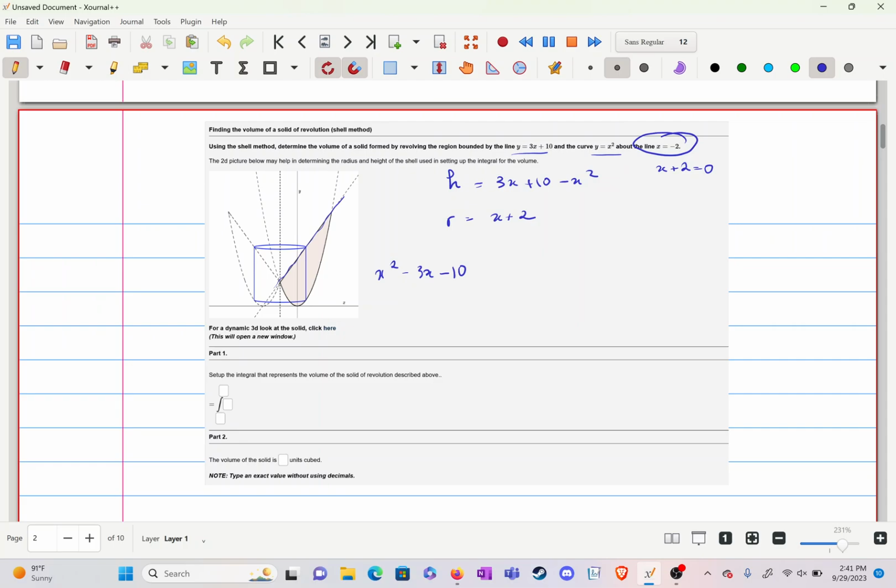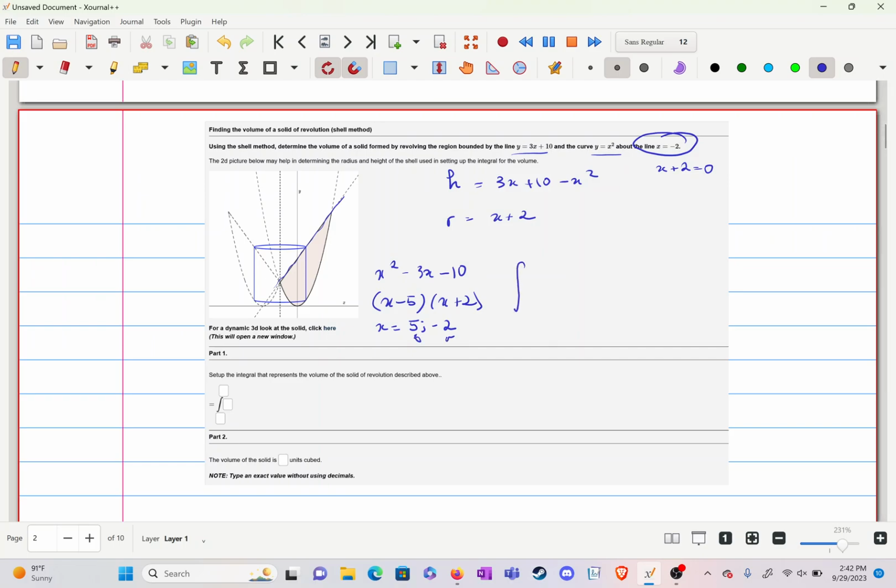There we go. Negative 5 plus positive 2 is negative 3, but negative 5 times 2 is negative 10. So that's what would be our answers. But that means our bounds are x equals 5 and negative 2. So boom, we have our bounds from a to b.